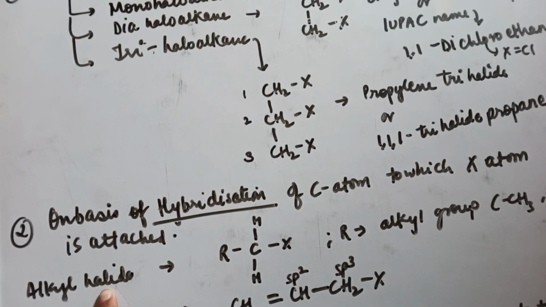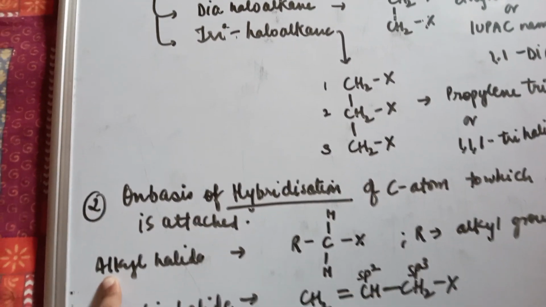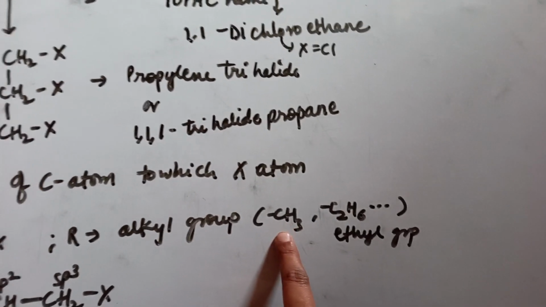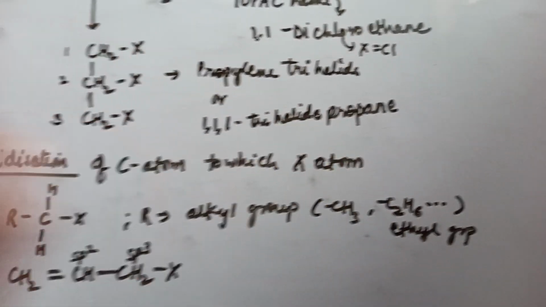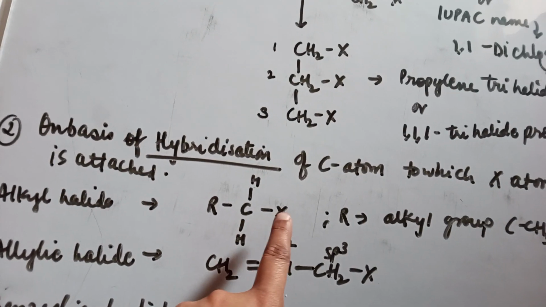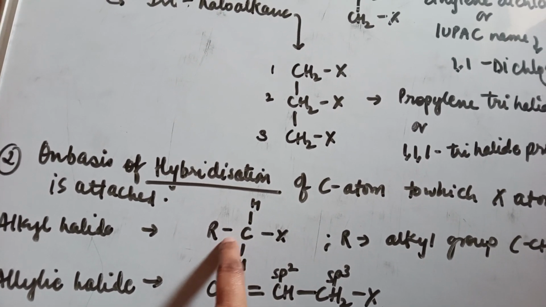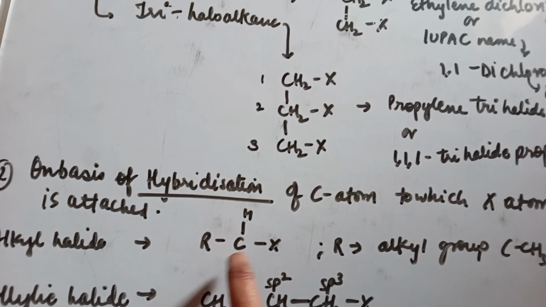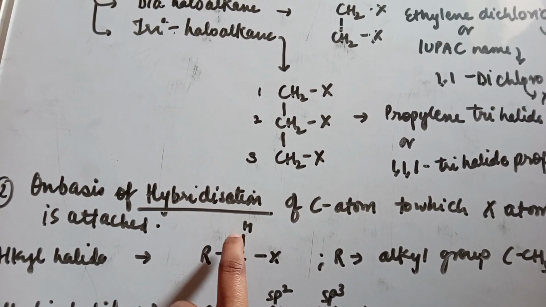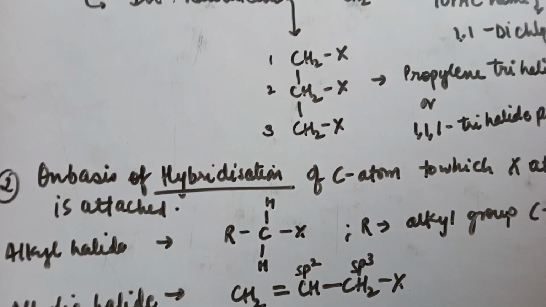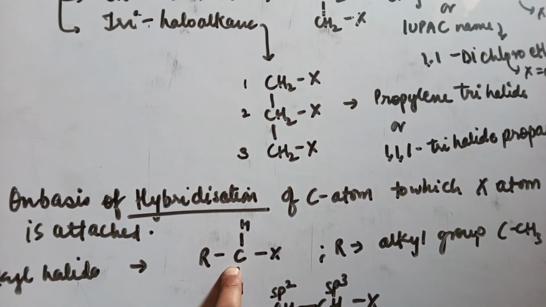In an alkyl halide, the halogen atom X is connected to an alkyl group, represented by R. It could be anything from methyl to ethyl to propyl. The hybridization of the carbon atom to which this halogen is attached is sp3, because it has four different atoms connected to it. That is why we call it an sp3 hybridized atom.